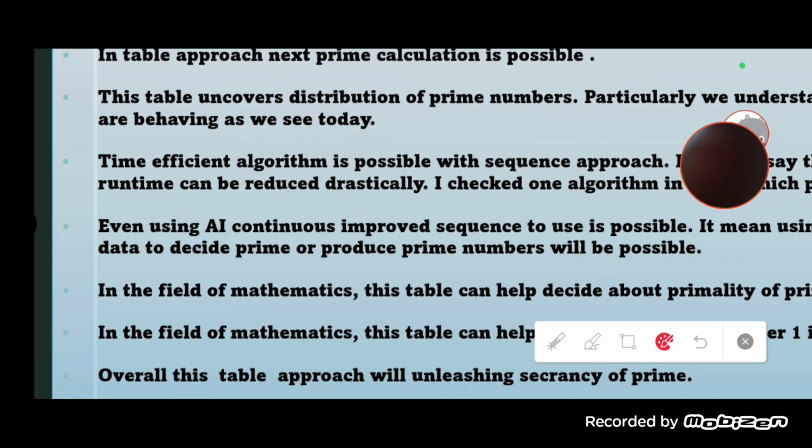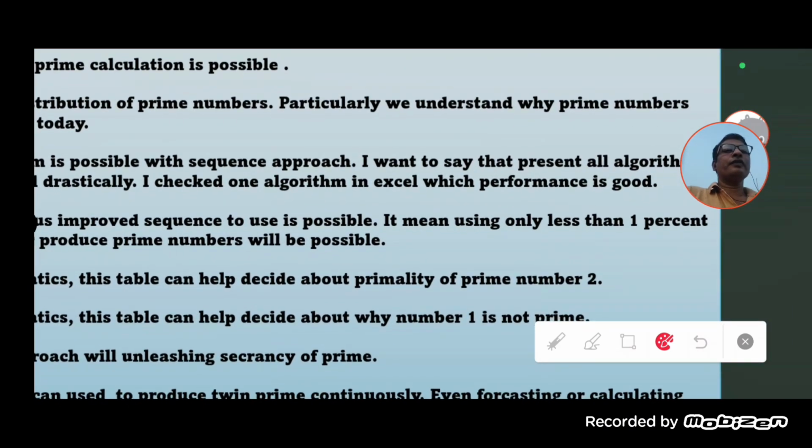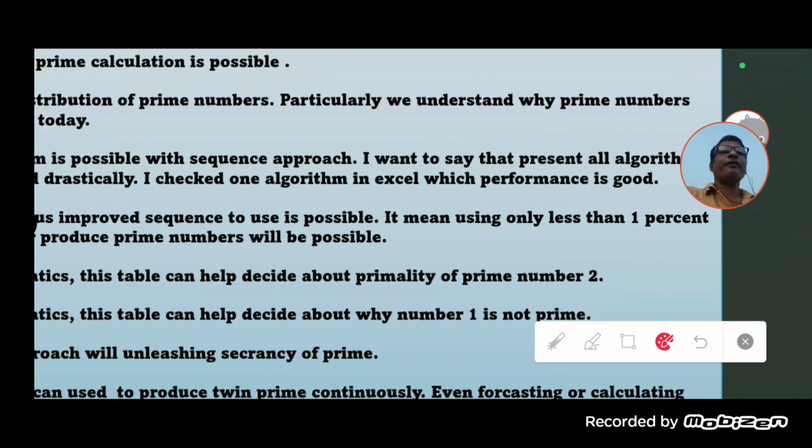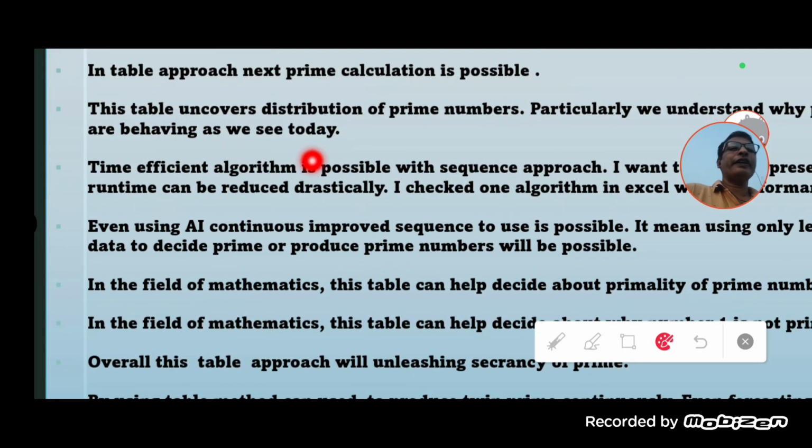Then the second thing: this table uncovers the distribution of prime numbers. Particularly, we understand why prime numbers behave as we see today.